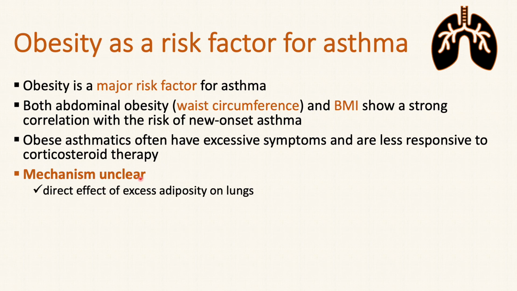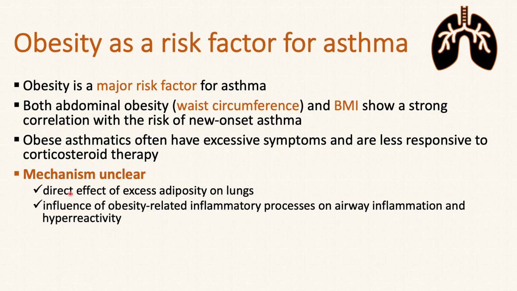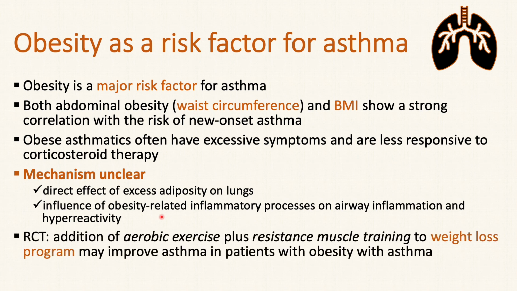The mechanism, of course, as you can expect, is not very clear, but it could be due to a direct effect of excess adiposity on the lungs, or due to the influence of obesity-related inflammatory processes on airway inflammation and hyperreactivity.